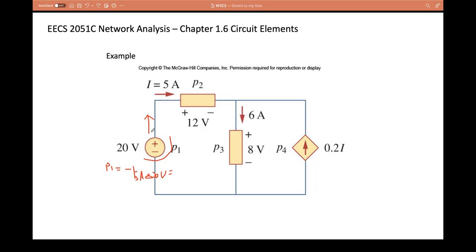If the current goes out from the positive terminal, no matter what element this is, then we see the current as negative.